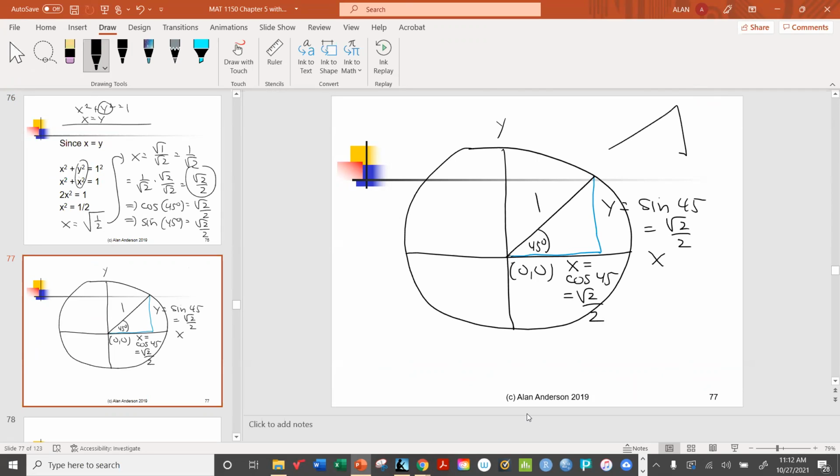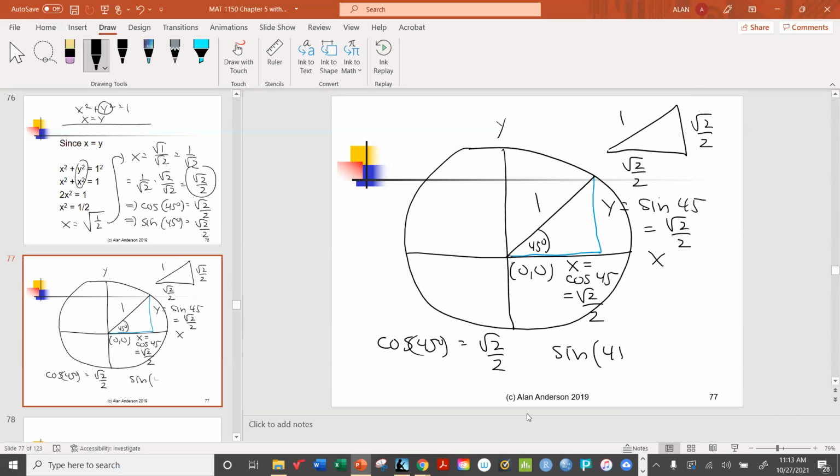The triangle itself follows the Pythagorean theorem, and the sides are radical 2 over 2, radical 2 over 2, and 1. So basically, the circle itself is telling us that the cosine of 45 is radical 2 over 2. And this is just straight ahead geometry.